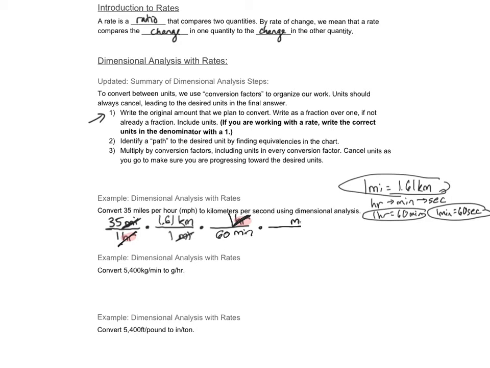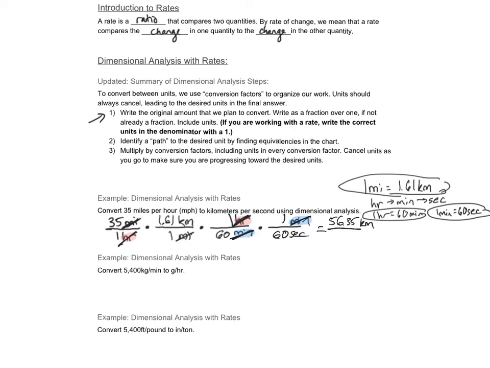So I need to do the next step to get from minutes to seconds. So I want minutes to cancel. And again, notice that I have this minutes down in the denominator, so I'm going to need minutes in the numerator in order for these to cancel. And I want seconds to remain. And 1 minute is equal to 60 seconds. And now my minutes cancel, and I end up with 35 times 1.61, which is 56.35, and the only units left in the numerator are kilometers.